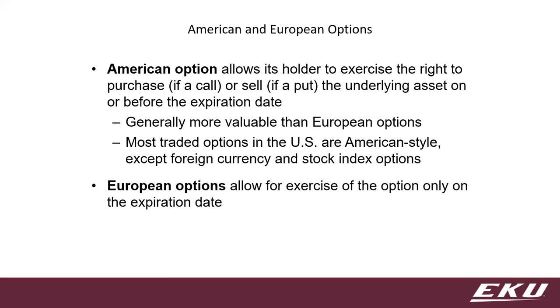And the European option, it is at that expiration date. So we don't care one day before what the prices look like, but the day that it gets exercised, that's the day that we're going to see any gain, right? Whereas an American option, you could choose to get out of that option before the expiration date.